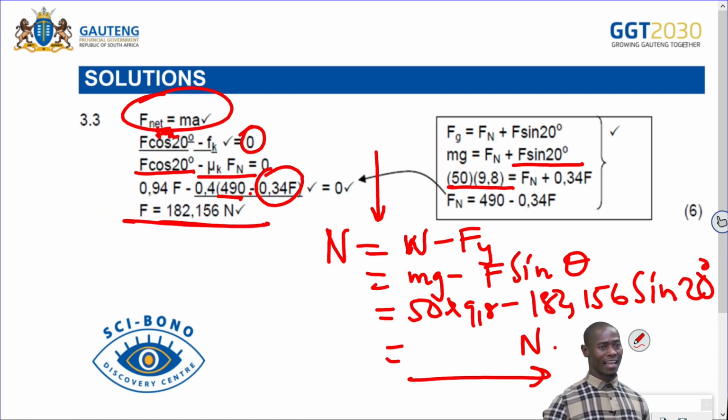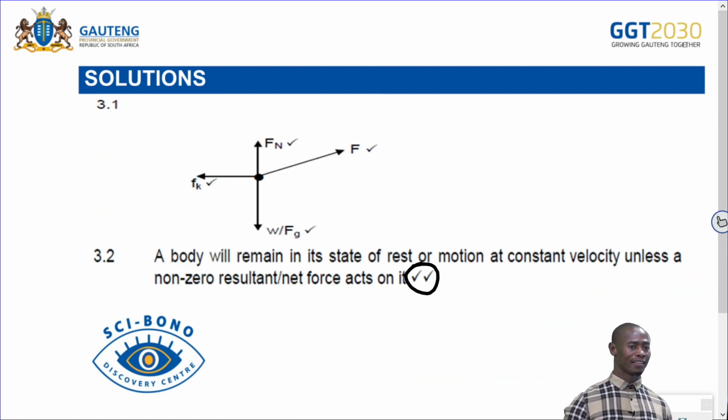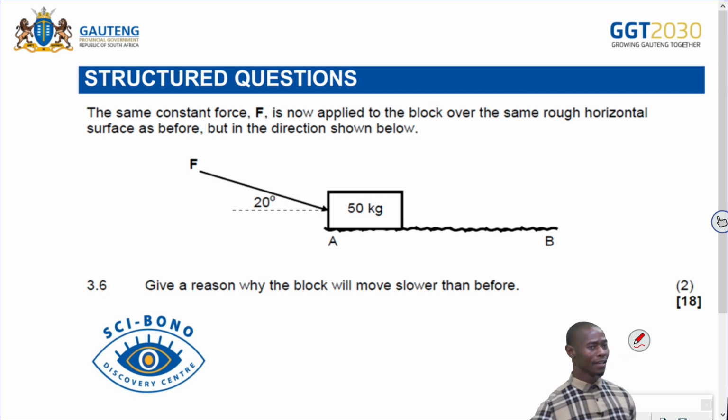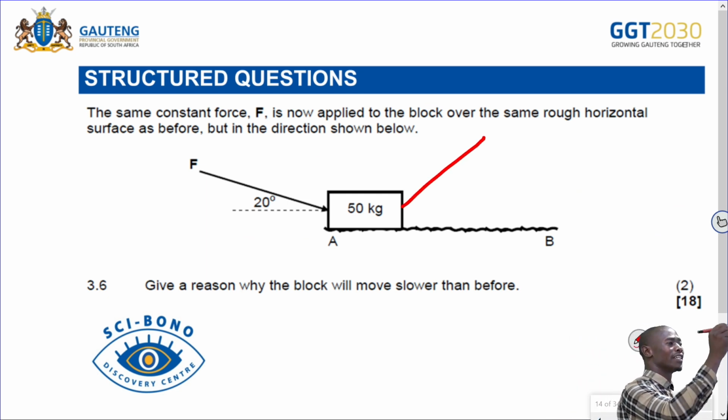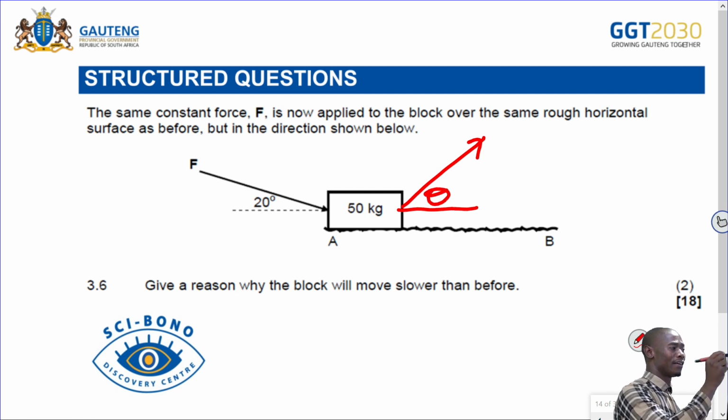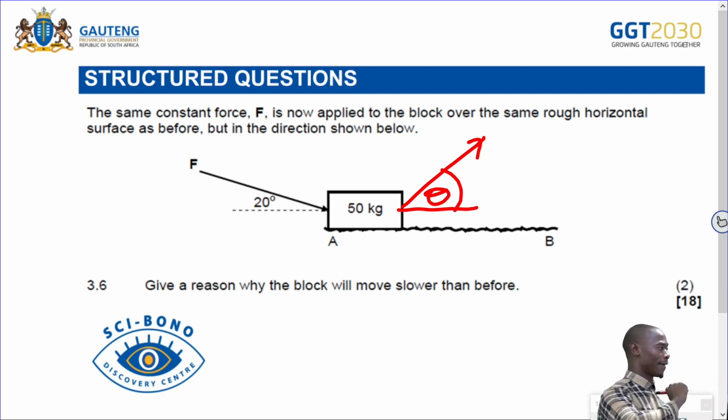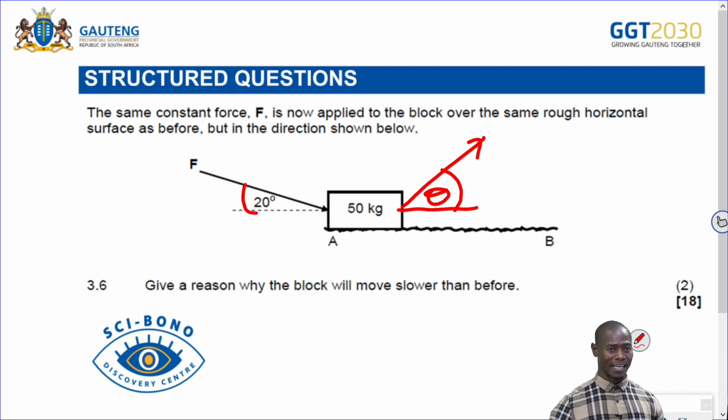Then let's check the last question, right? What they've done here. Now, I hope you can see the difference. Before it was pulled at an angle, right? So the same force, but now it is pushed at an angle. So what is going to change here?